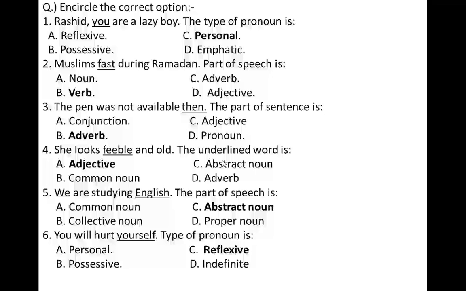Number two, always keep in mind that it is used exactly after the verb and the action passes to the person who has done the action, so that's why it is a reflexive pronoun. I hope these examples give you a clear idea about these sentences and the parts of speech. This is an exercise for you to do by yourself. The options are given over here along with the sentences. Try to do it yourself.